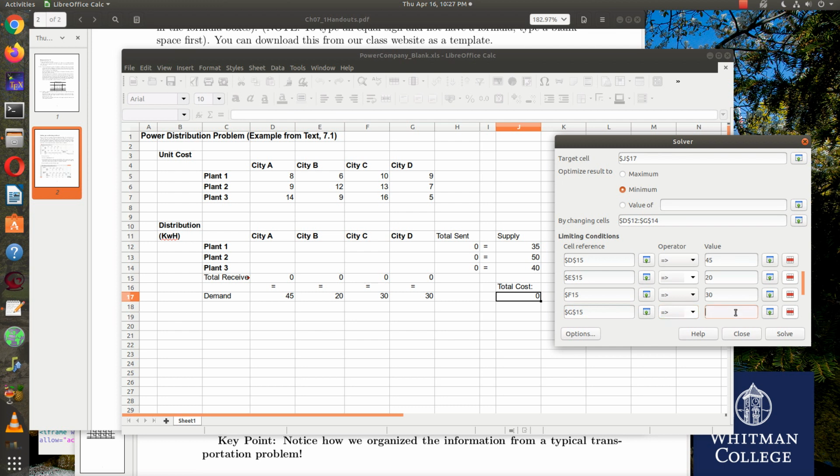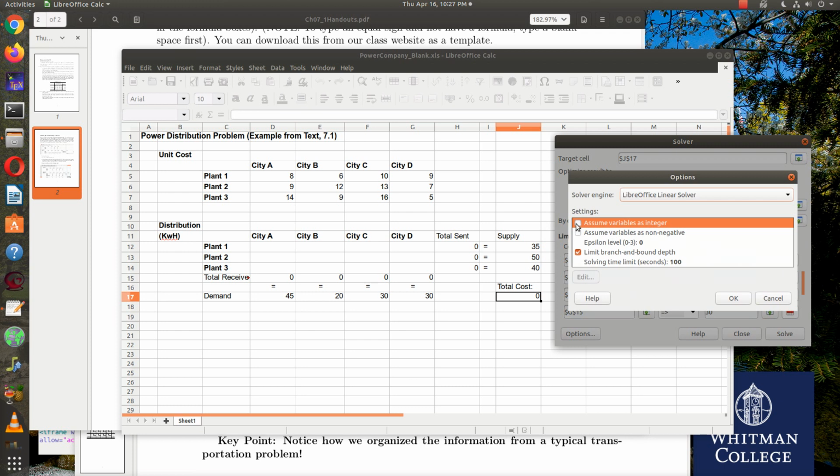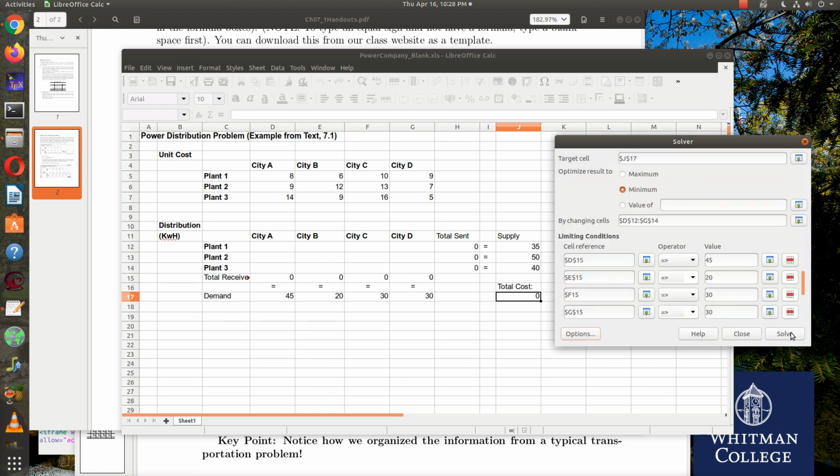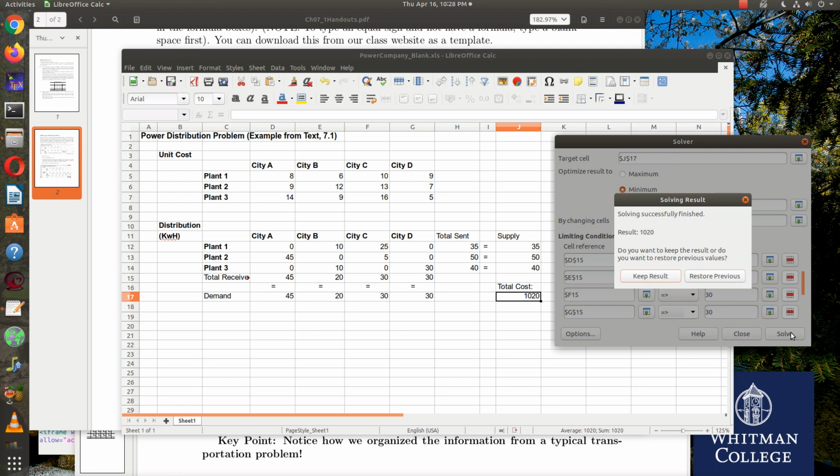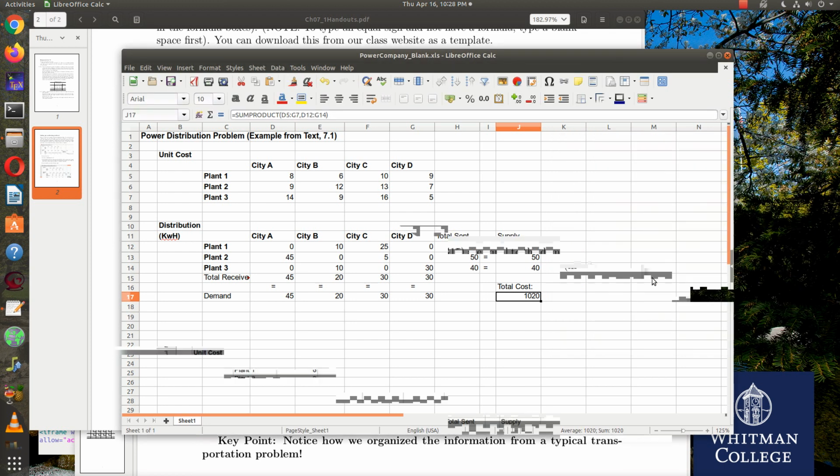Good. Then remember to hit the options because we want our variables. We don't need to assume the variables are integers, but we do need them to be assumed non-negative. Then we solve. Ta-da! Beautiful. Keep our result.